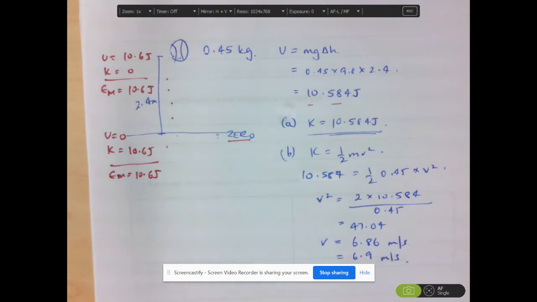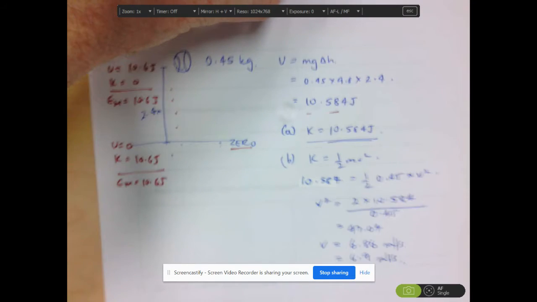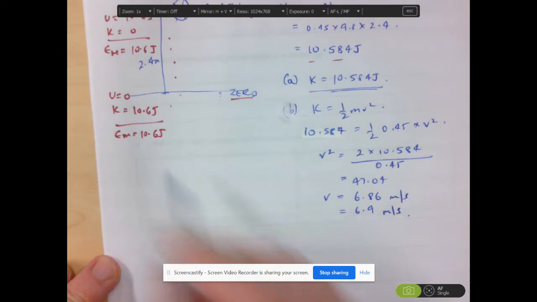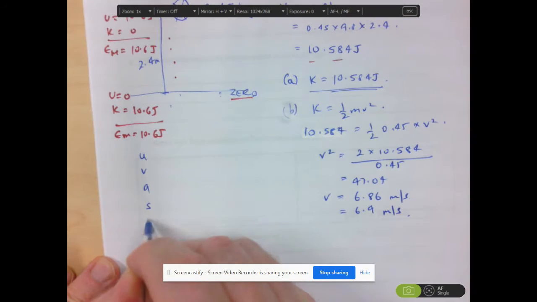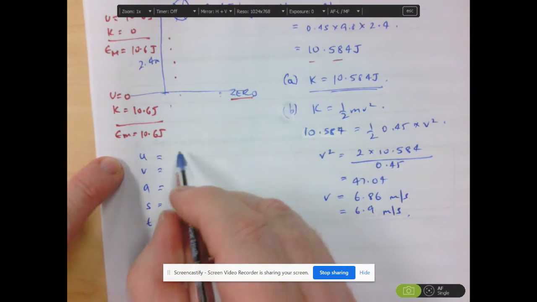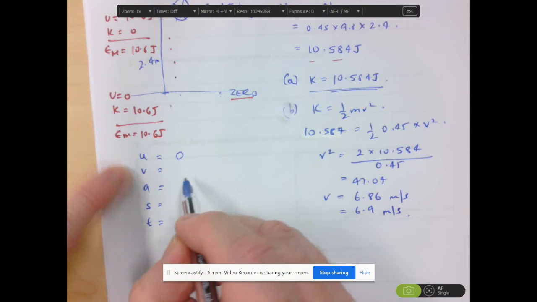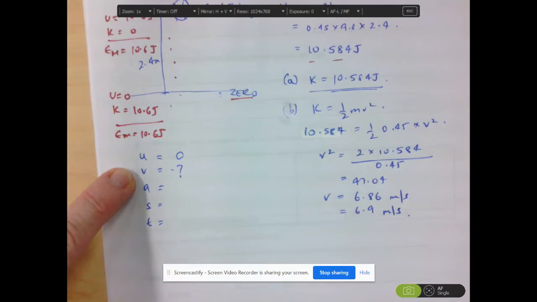The beautiful part about physics is that we can often work things out in a different way, and we are now asked in question 3 to confirm our answer using an equation of motion. So using an equation of motion, we're going to use u, v, a, s, and t. At the top of the path, our initial velocity is 0. We don't know the final velocity, and we want to find the velocity as it strikes the ground.